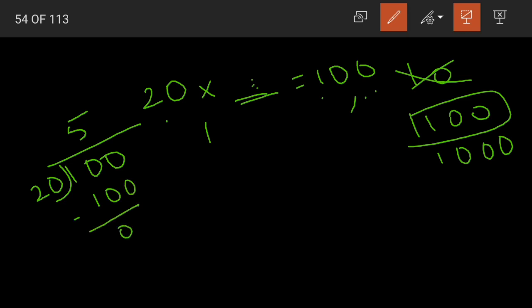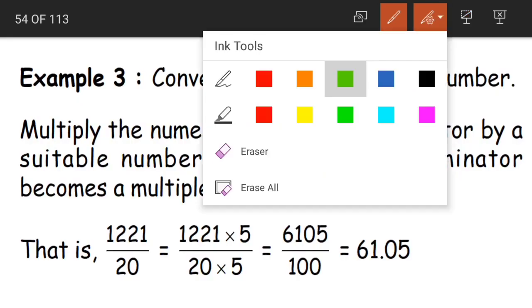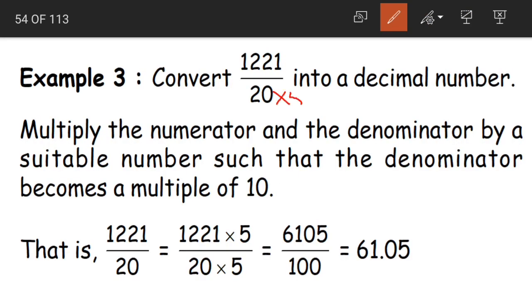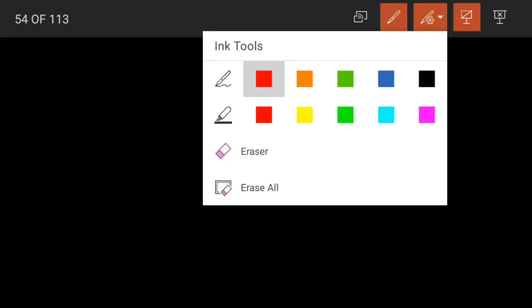When we subtract, 0 is our remainder. So 20 into 5 is equal to 100. The product of 20 and 5 is equal to 100. As we are multiplying 20 with 5 to get our 100, we need to multiply the numerator as well.